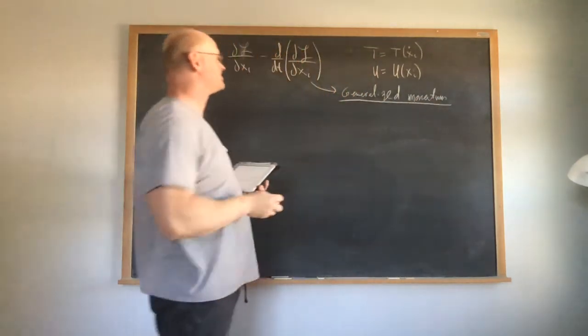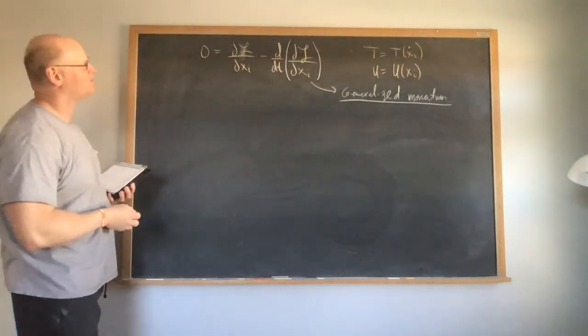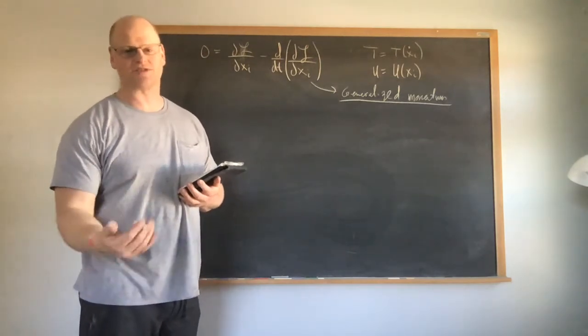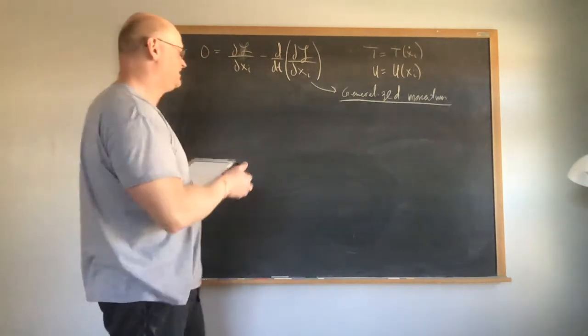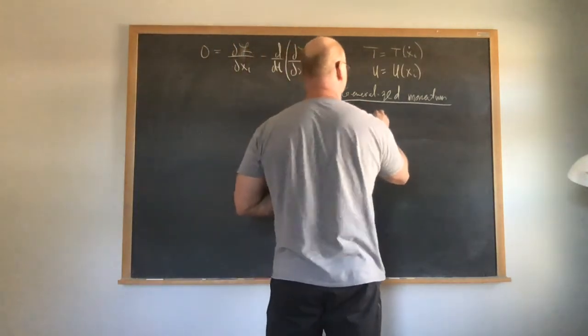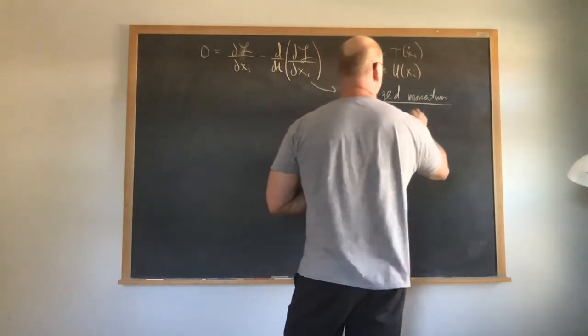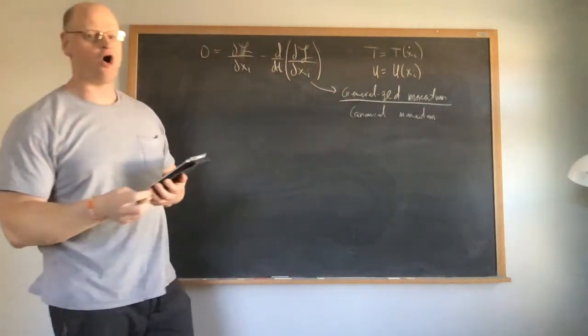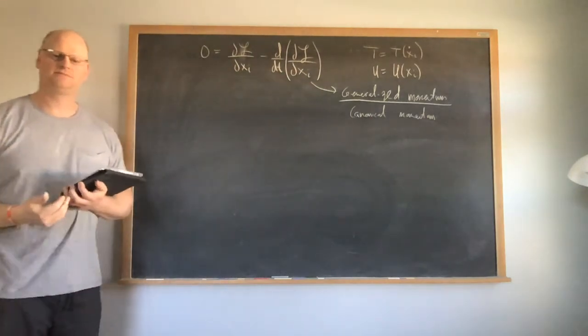The reason for that is, as we just saw in that last problem, if we took the partial of L with respect to x dot, we got simply m times x dot, which is the momentum. Now, this is what's known as the generalized momentum or the canonical momentum, because it's not always just m times x dot.